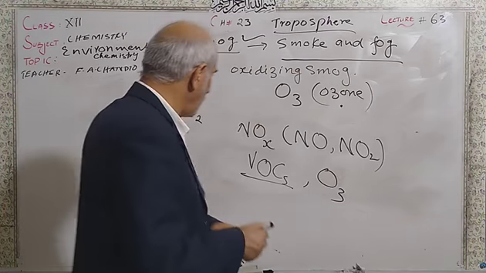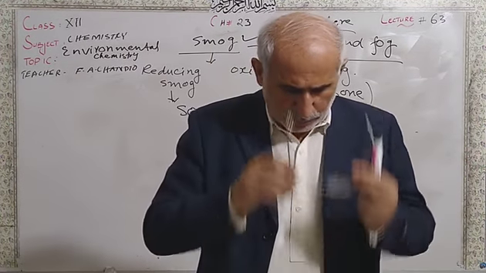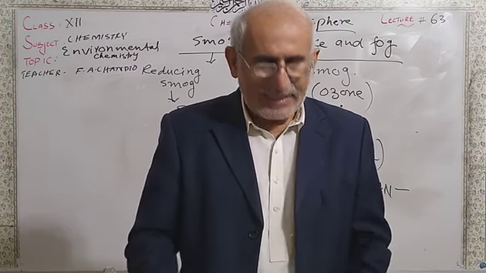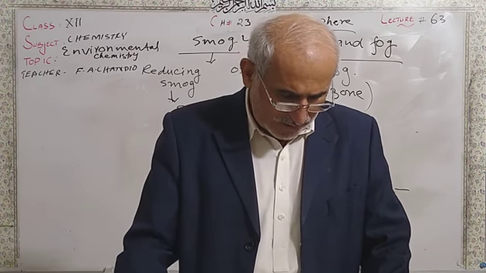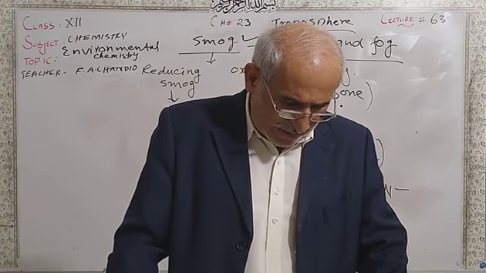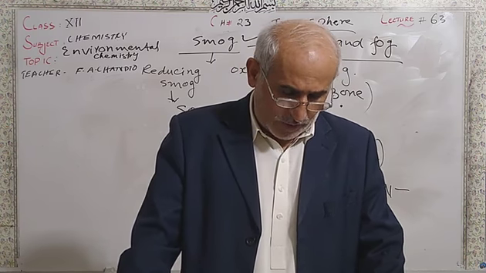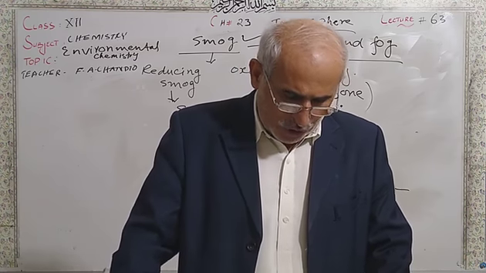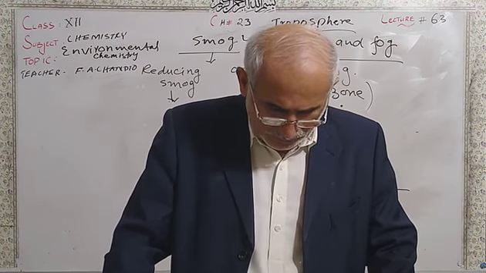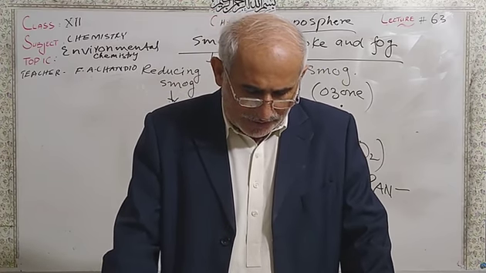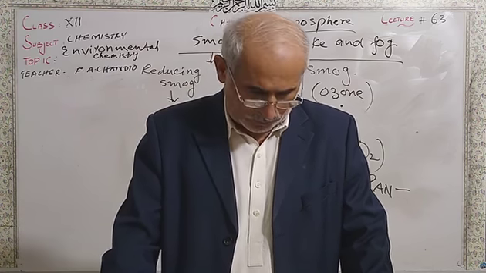Then PAN, peroxyacetyl nitrates. Peroxyacetyl nitrates are formed by the reaction of nitrogen dioxide with volatile organic compounds and can be formed naturally in some environments. Effects: eye irritation, high toxicity to plants, respiratory irritation, damaging proteins. It was not detected until smoke was recognized, with higher toxicity to plants than ozone.